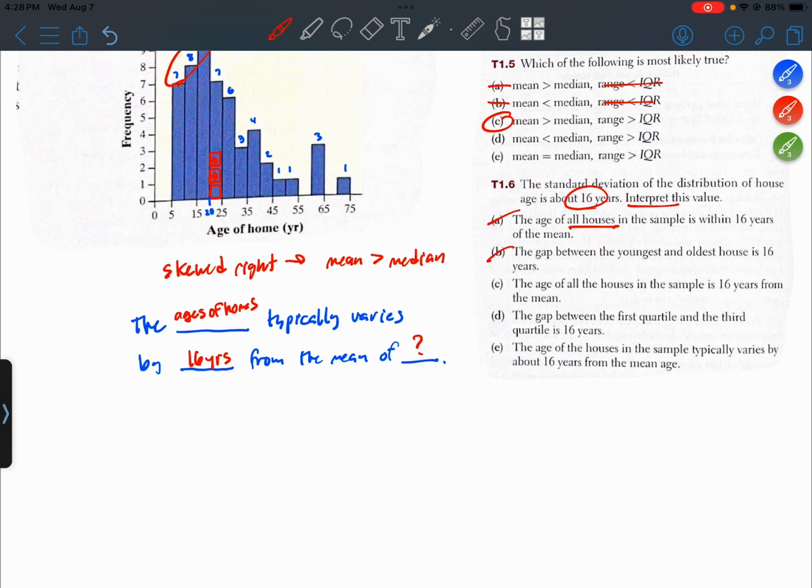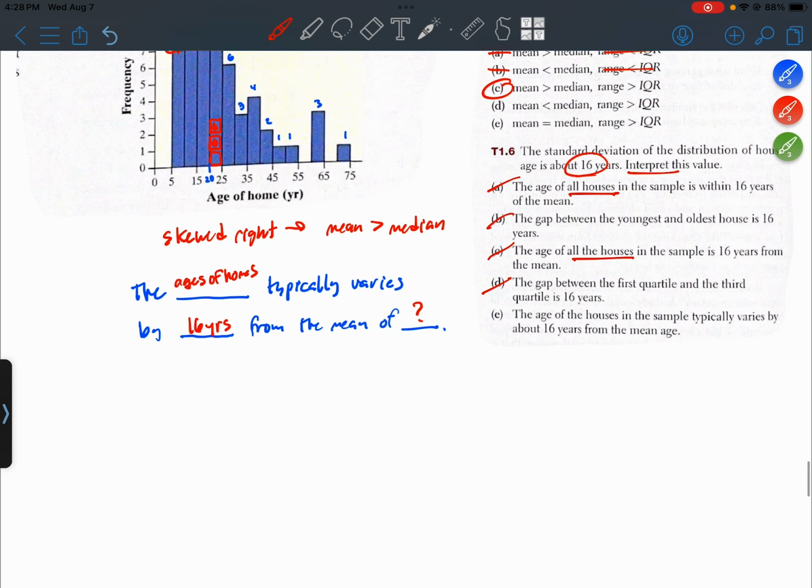For the same reason as part A, I don't like the way C sounds. D, the gap between the first quartile and the third quartile is 16 years. Nope, that's a description of the IQR, or interquartile range. Process of elimination, let's read choice E. The age of the houses in the sample typically varies by about 16 years from the mean age.